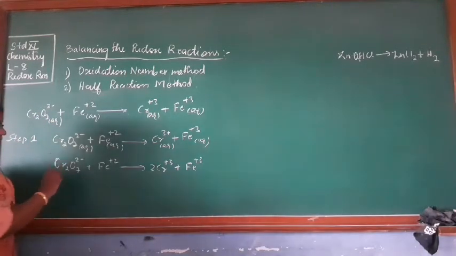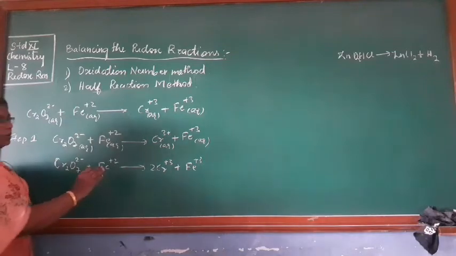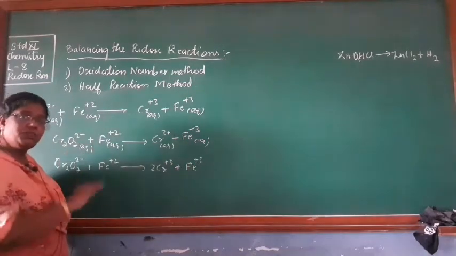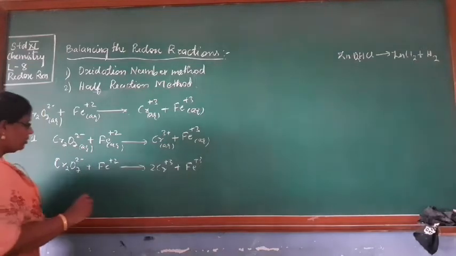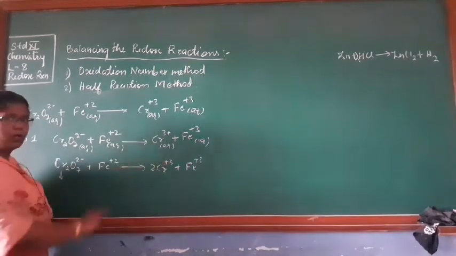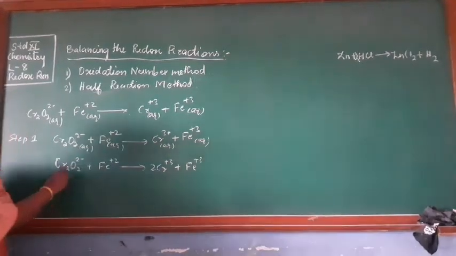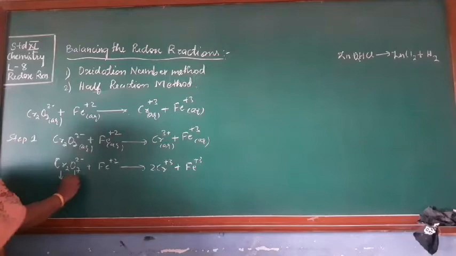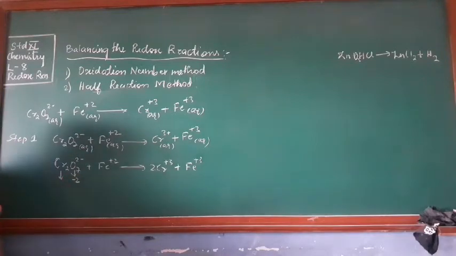Okay. The second step is to find out which substance is oxidized and which substance is reduced. For that you are supposed to write the oxidation number of every element which you are observing here. For Cr we do not know yet, but oxygen we know it should be -2.